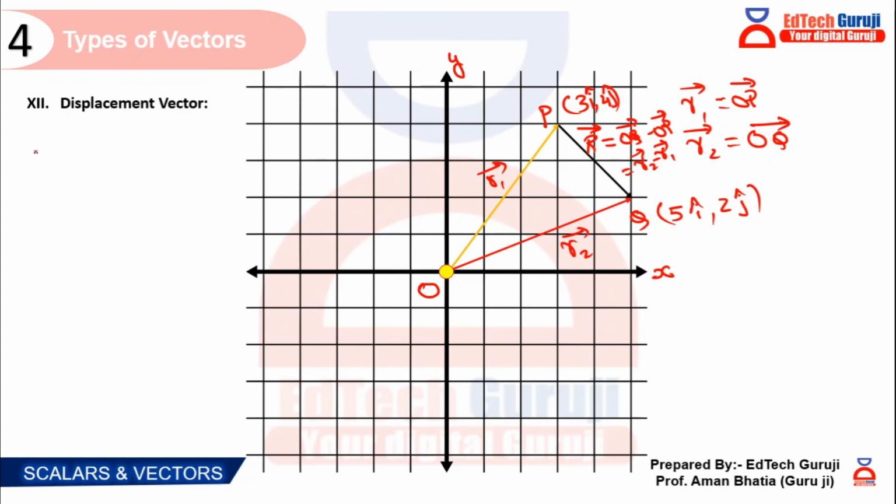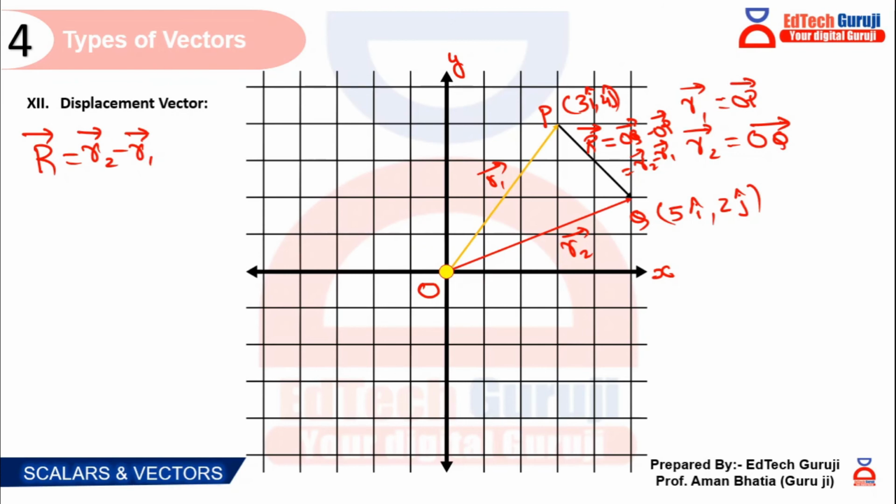The resultant vector R bar is nothing but R2 bar minus R1 bar, and keep this diagram very clearly in your mind. We will discuss this diagram more later on. So this is how I calculate my resultant vector: the final position of the given particle minus the initial position of the given particle.